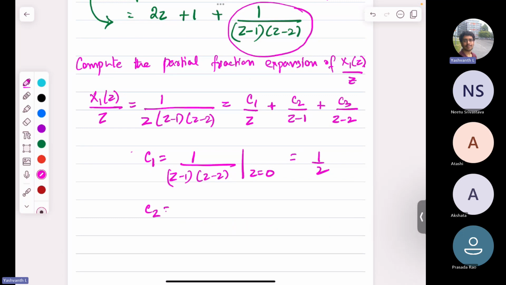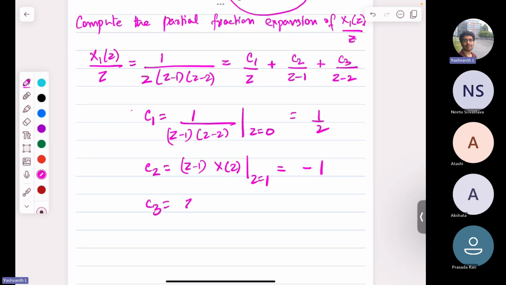Now c2 is z minus 1 into X1 of z by z at z equal to 1, which you can show will come out to be minus 1. And c3 is z minus 2 into X1 of z by z at z equal to 2. You can show that this will come out to be half.